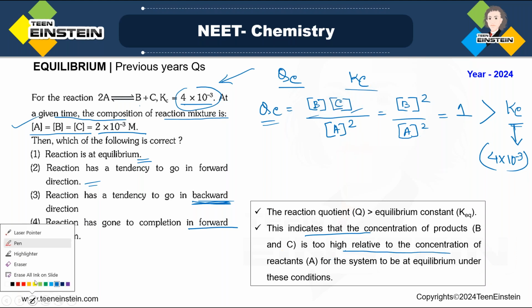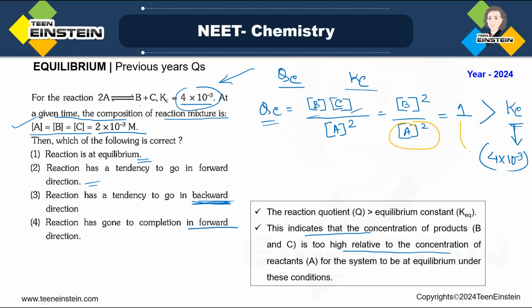So when you increase the amount of A, then only this ratio will gradually reach 4 × 10^-3. That is possible only if there is formation of more A, that is B and C combine together and form more A, which means the reaction will have a tendency to go in the backward direction.